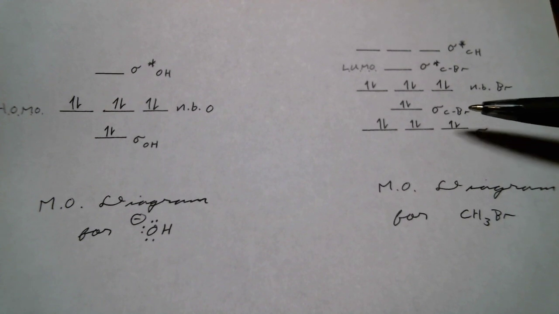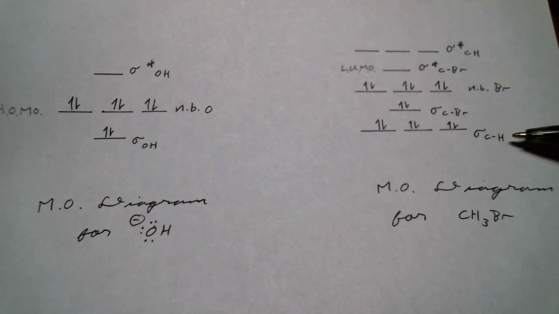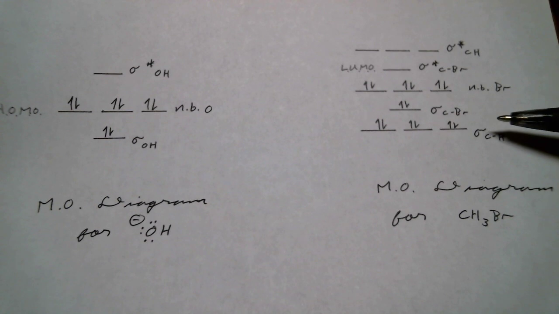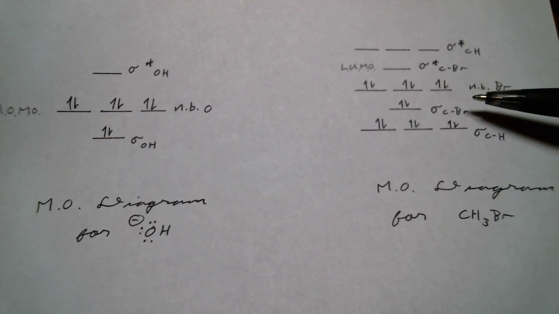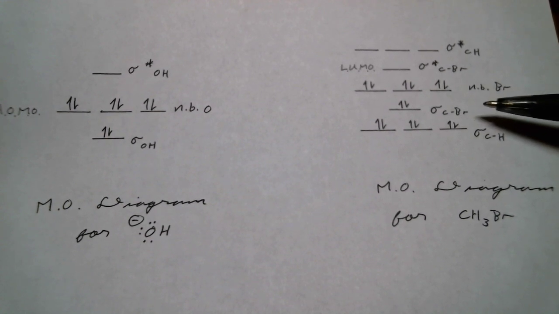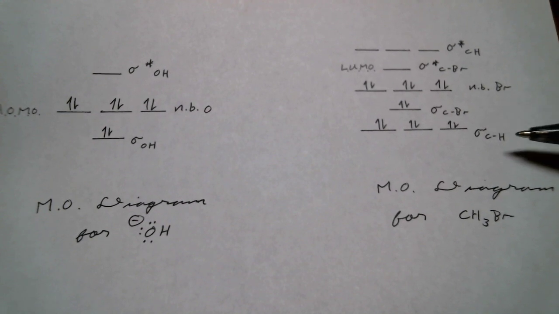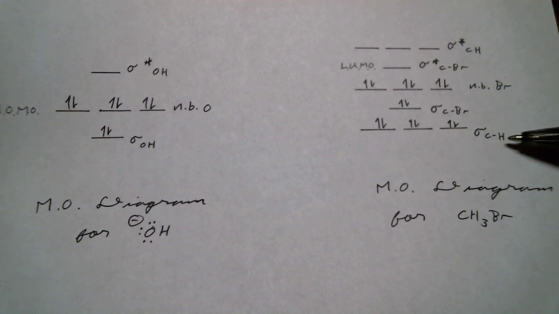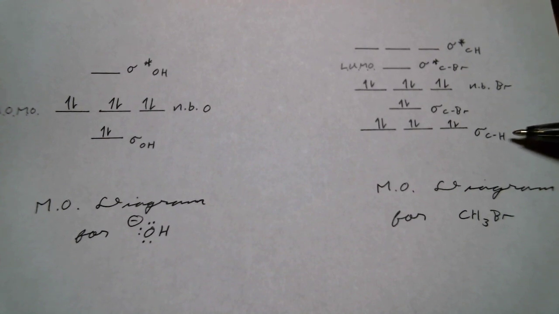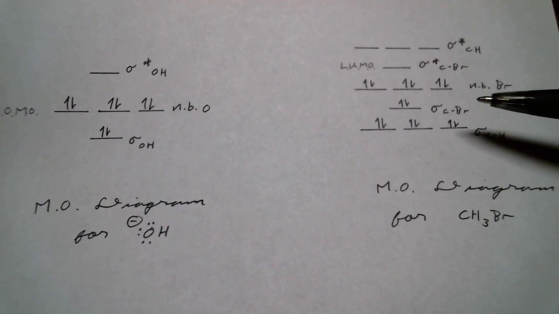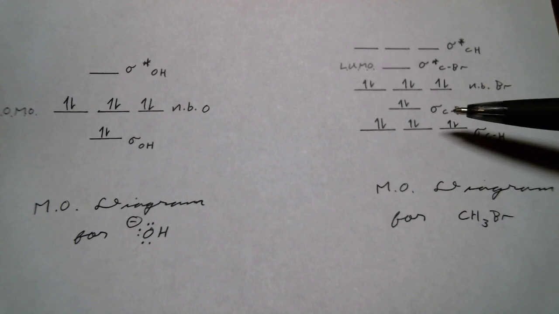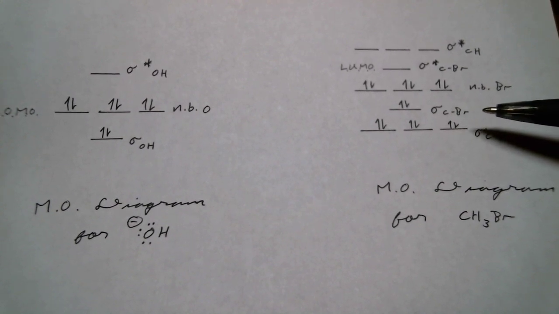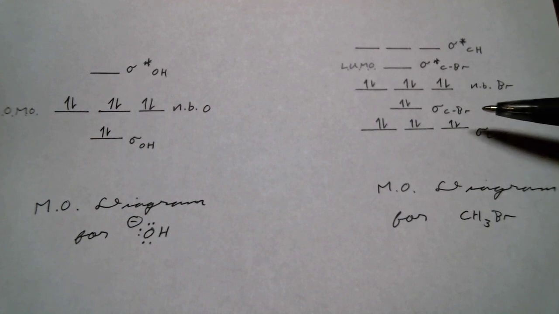But wait, Dr. Wagner, why are the sigma carbon-hydrogen bond molecular orbitals lower in energy than the sigma carbon-bromine molecular orbital? Well, that's because the carbon-hydrogen bond is made up of a C-sp3 hybrid overlapping with a hydrogen 1s orbital. That's a lower energy combination than a C-sp3 hybrid overlapping with what would bromine use for its bond to carbon.